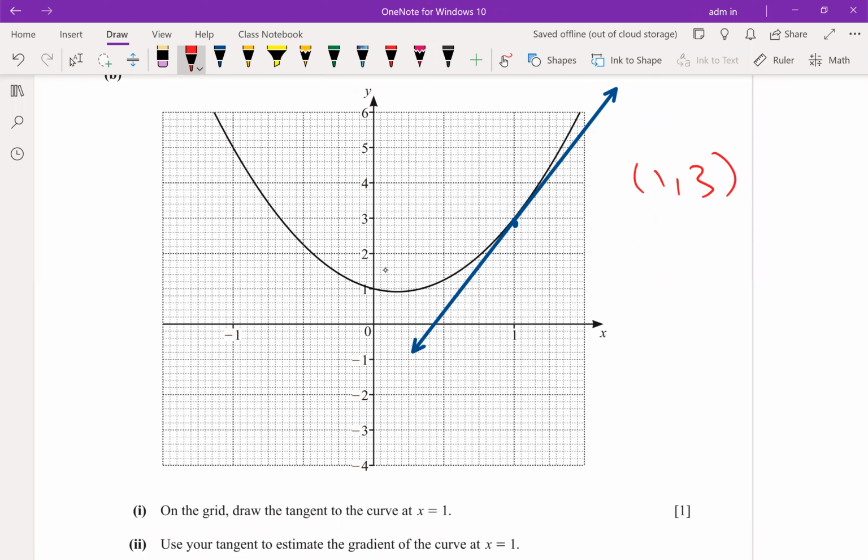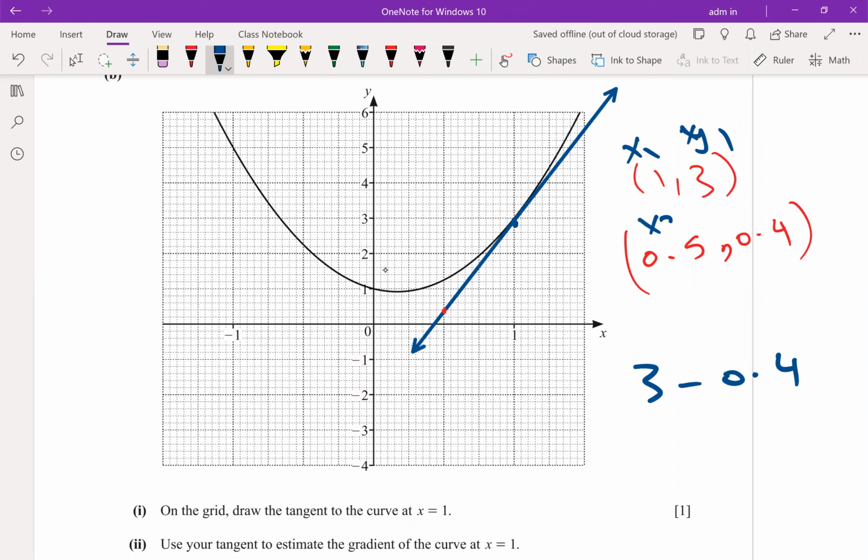For me, I will write this point, 0.5 and 0.4. But for you, try to get another point, please. I will get my answer and look at the range. 3 minus 0.4, x1, y1, x2, y2.